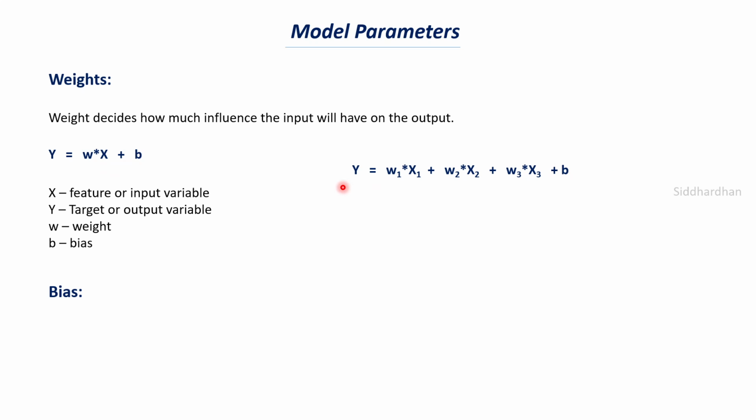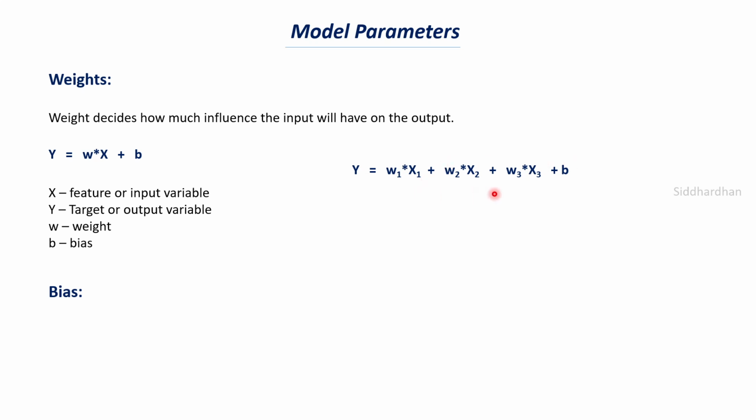When you have multiple features, the equation of your model will look something like this: y is equal to w1 into x1 plus w2 into x2 plus w3 into x3 plus b. x1 may represent the college from which they have studied, x2 represents whether the person knows C programming or not, and x3 represents the backlog of a person. So this would be the equation when you have three different features.